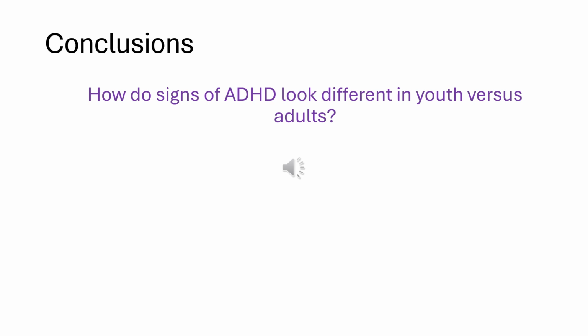In summary, ADHD is a neurodevelopmental disorder that changes over the lifespan for individuals who have ADHD. What signs and symptoms look like will depend on factors such as informant reporting, the attitudes people hold about ADHD, what stage of development a person is in, and the clinician competency in identifying ADHD in different age groups and genders.